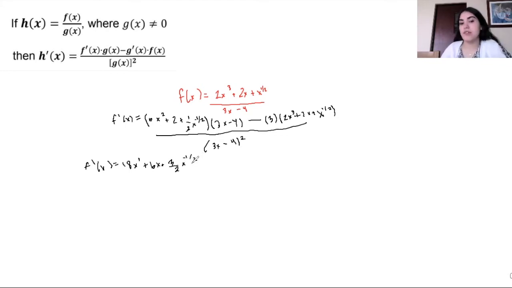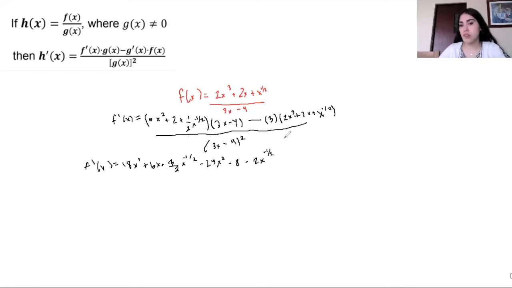And then we will be doing the negative 4. So 6x squared times negative 4 is equal to negative 24x squared. Then negative 4 times 2 is equal to minus 8. And then negative 4 times 1/2 x to the negative half is equal to negative 2x to the negative half power.